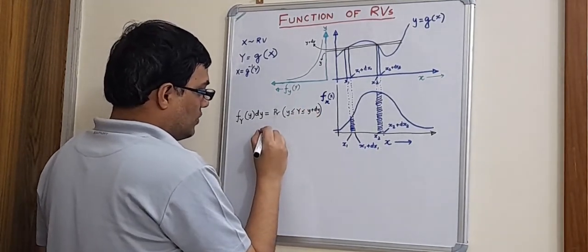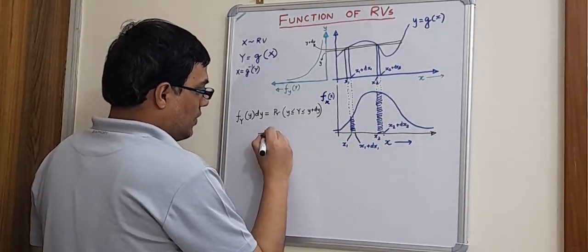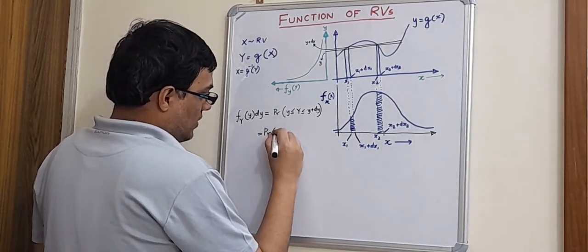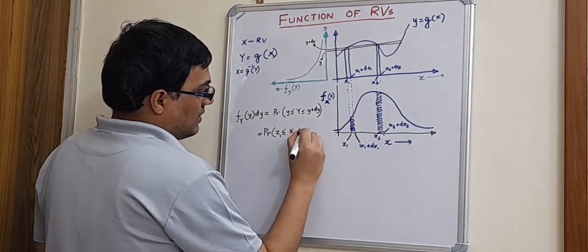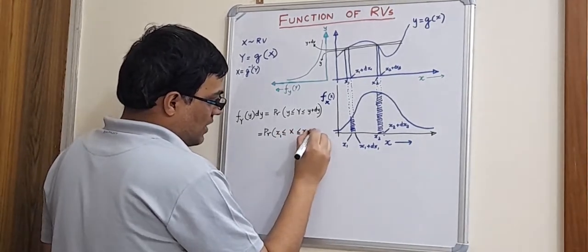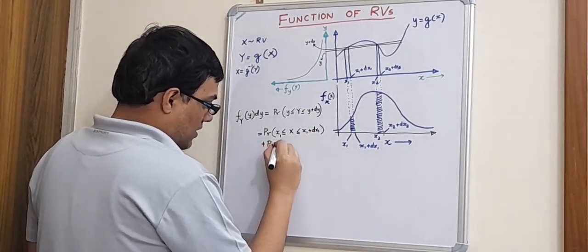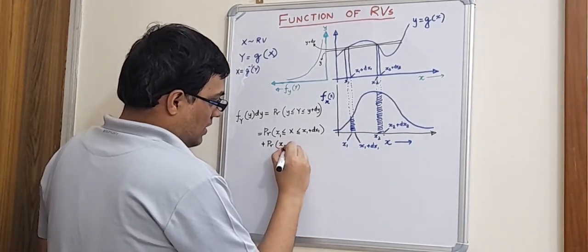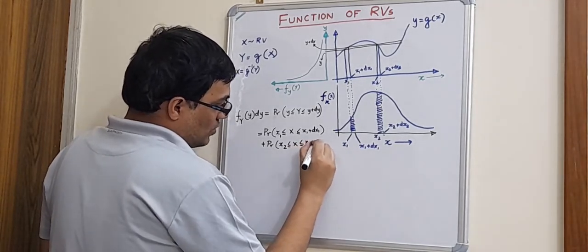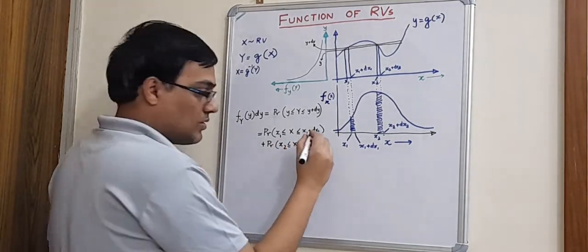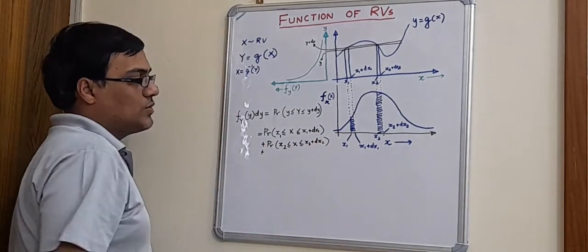So that will be equal to, so we'll have to sum this for all the contributions of x. So that will be P of a capital X lying between x1 and x1 plus dx1, plus P of X lying between x2 and x2 plus dx2, and so on and so on. I'm just reducing.